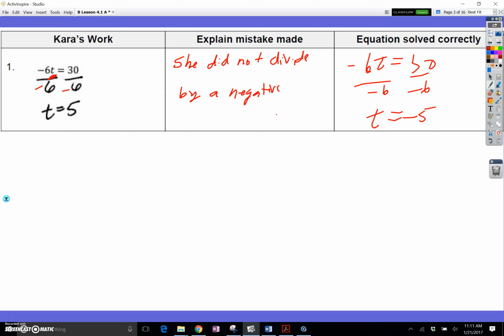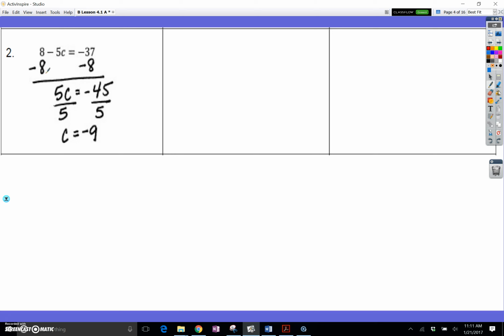Alright, next one. She started by minusing 8 on both sides. That step is correct, but do you guys see how it's a negative 5c? And here it's positive. It should have stayed a negative 5c. So explain her mistake. Still, did not divide by a negative.